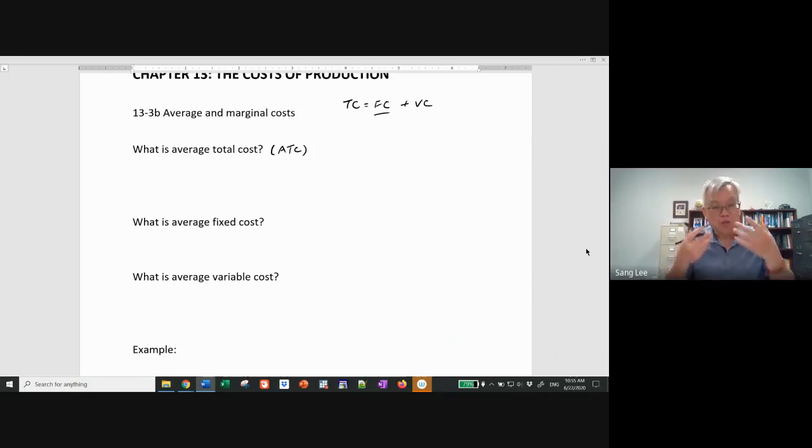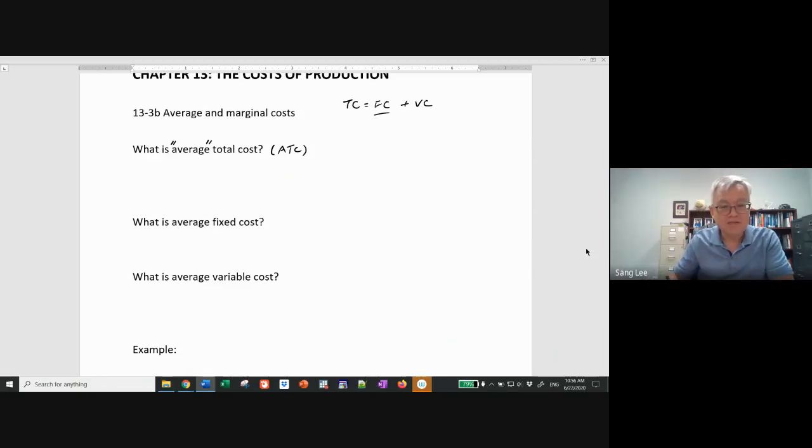In other words, we understand average of something in the context of quantity. So here, when we say average total cost, what we mean is when you produce a given amount of output, then per unit, how much does it cost? So average is interpreted in the context of quantity or units.